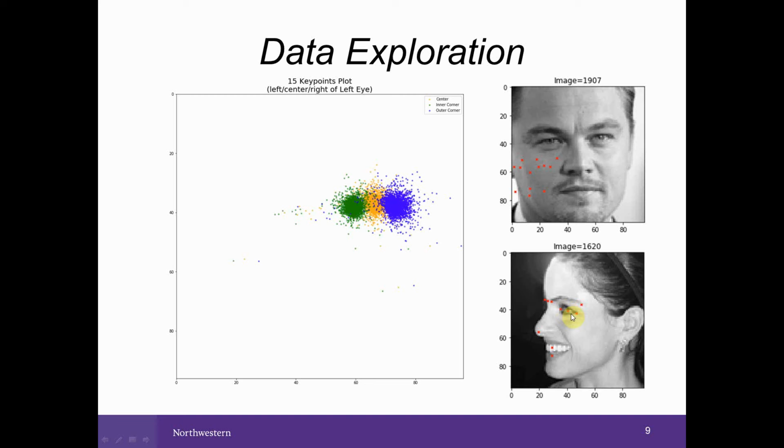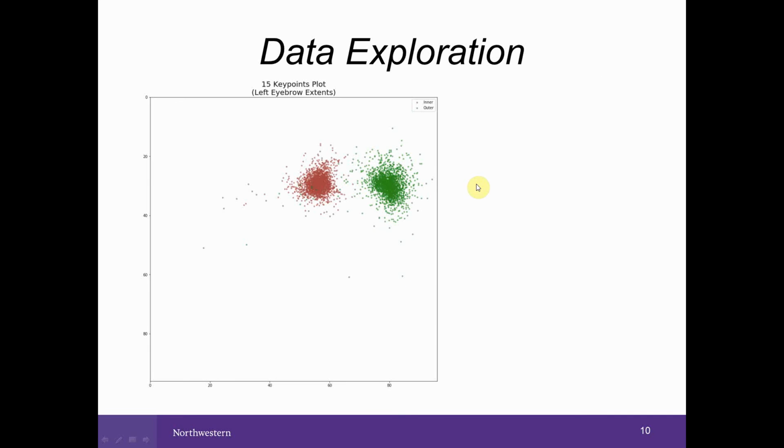There's another one here where it's a profile picture, not looking straight on. So some of the info, the eyebrows here, are kind of guessing or something like that, and that's why you would see the left eye being way off to the side over here, different from what most of the others are. Here's the eyebrow, the inner and outer, generally spatially located properly.